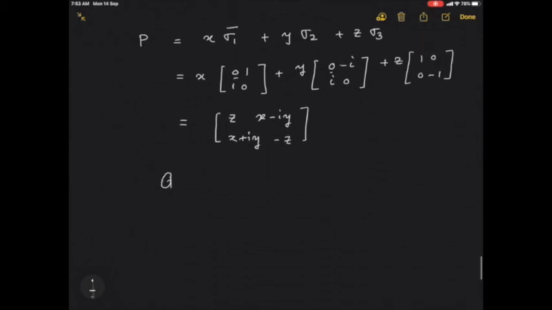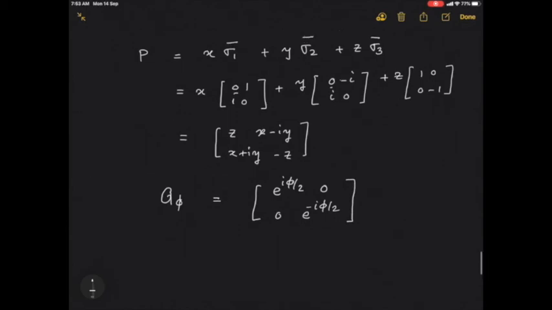On the other hand, if I look at say Q theta, or say Q phi, let's say Q phi. Q phi is e to the I phi by 2, 0, 0, e to the minus I phi by 2.